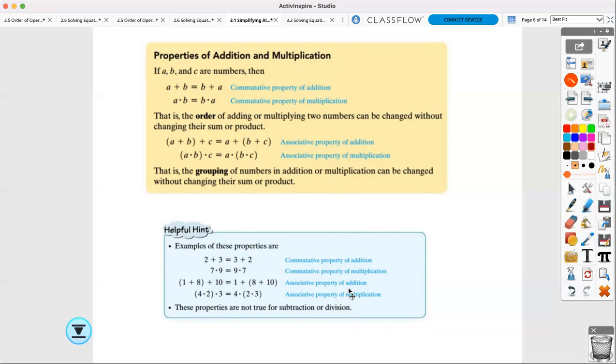Now, the reason why this property is put in this journal is because when I was younger, in college, a lot of my professors kept asking the class, what's the commutative property? What's the associative property? And I had no response, guys. Apparently these properties that are in the yellow box right now were actually supposed to have been taught to us in high school.